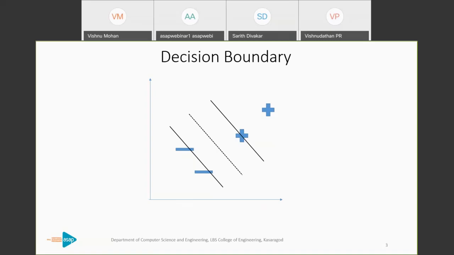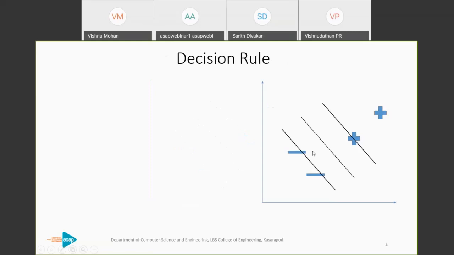Now, the question is how you can write a decision rule that will use this decision boundary. Let us see how we can write a decision rule for this decision boundary. For that, imagine a vector W of any length. There is a constraint here.